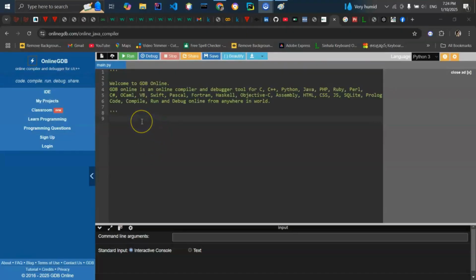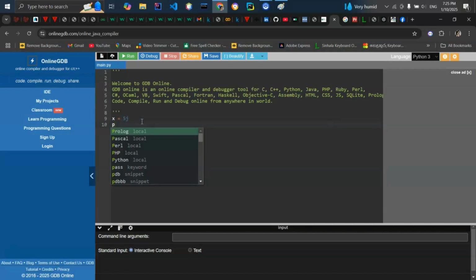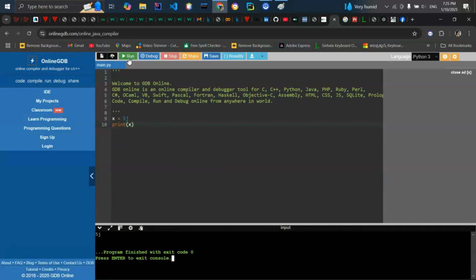And let's move on to the Python codes. If you want to print a complex number, you can use this without specifying your variable. And you can print it. You can see 5j.